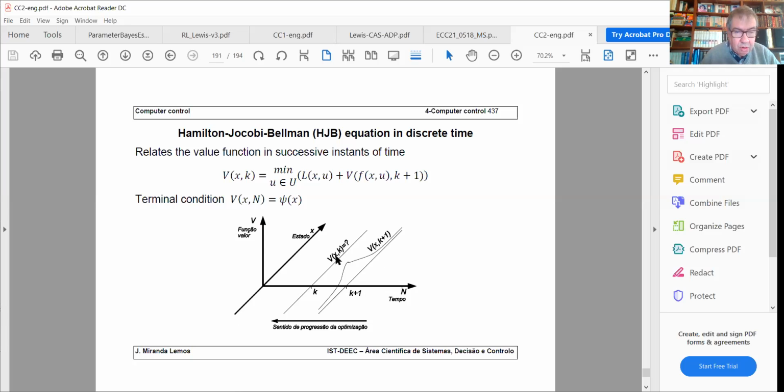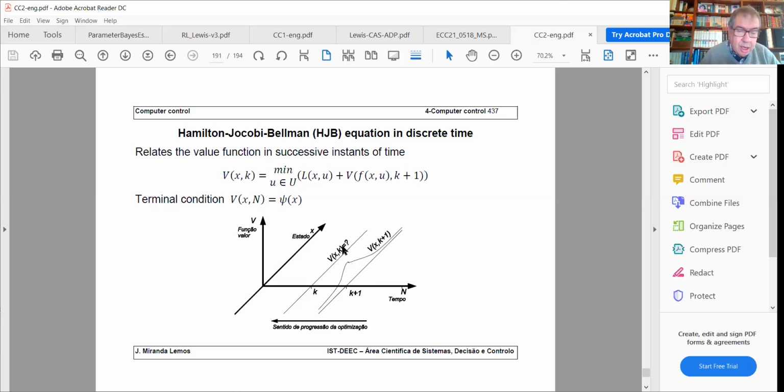So you are progressing backwards, and given the value of a general state x, for any point in this axis of the state at time k plus 1, assume that you know the value. Now, how can I compute the value at time k?